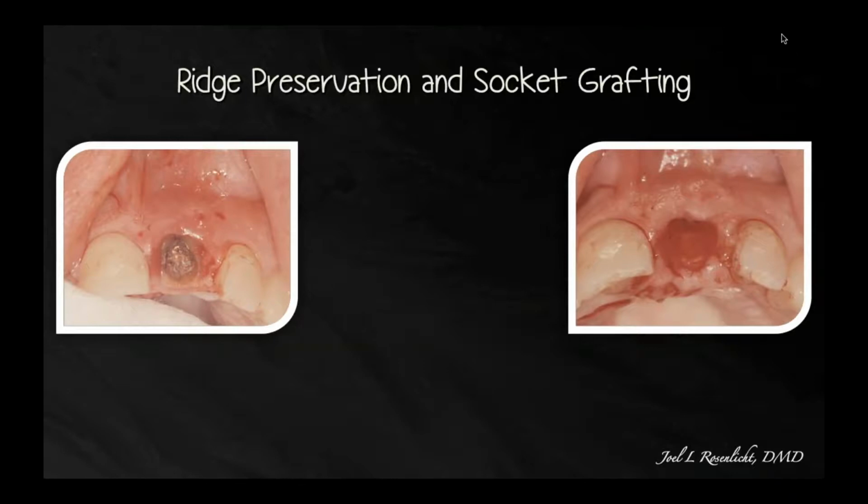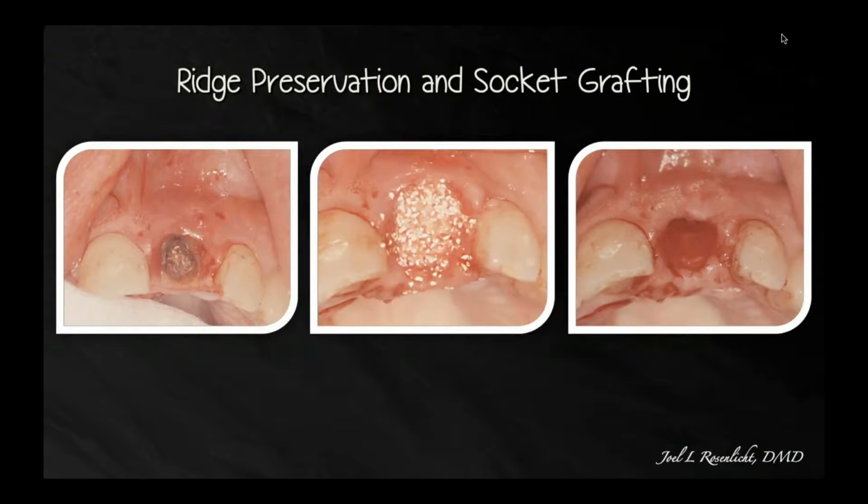I will do that if there's no bleeding in the socket. If I find that the socket bleeds, I just vigorously curette it and place the bone graft into the socket. Here you can see I've used a combination of a synthetic material, which is the white particles that you can see, in conjunction with demineralized freeze-dried bone.